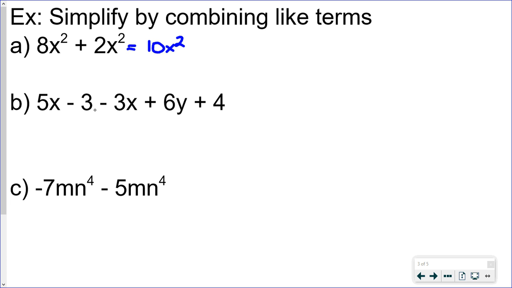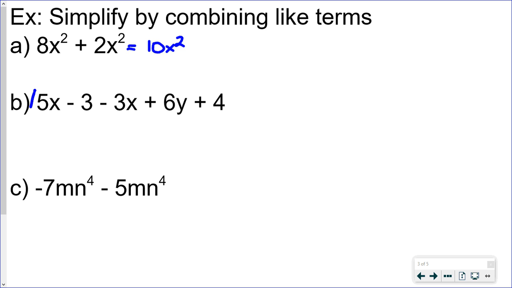All right, now here's one with some different variables involved. Now when you have this occurrence where you have different variables, you want to combine the variables first, and you want to start with whichever variable comes first in the alphabet. So here I have x and I have y. So I want to combine the x's together first.